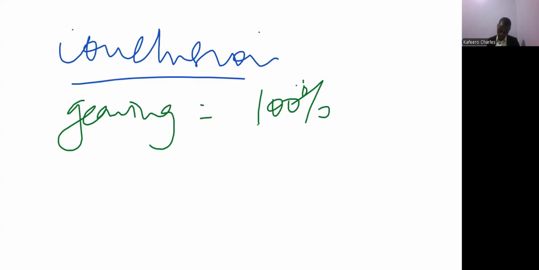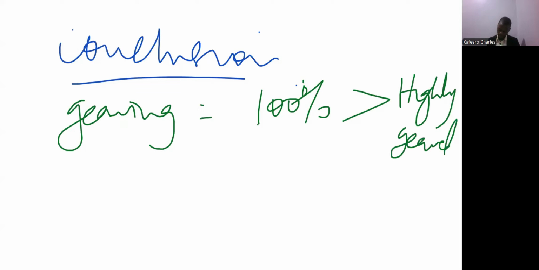But if the gearing is below 100%, then we shall not have any problem with that, meaning it's not all that geared.